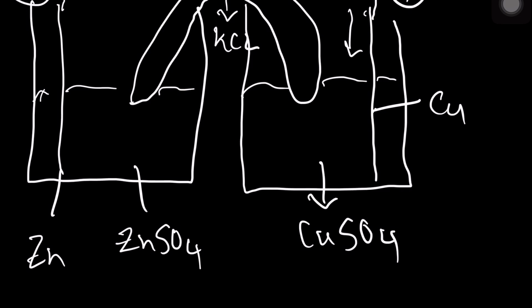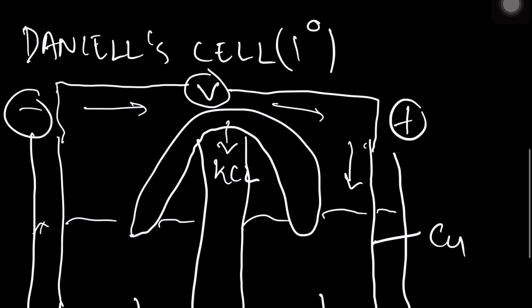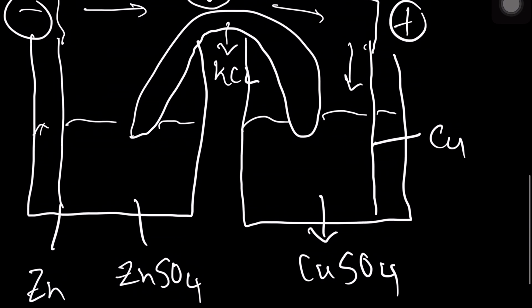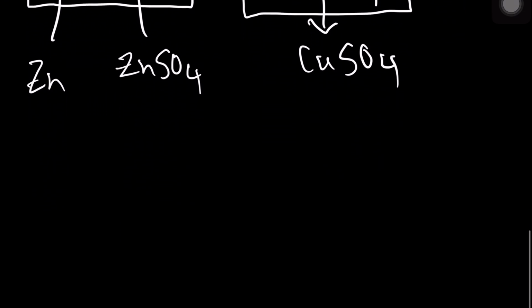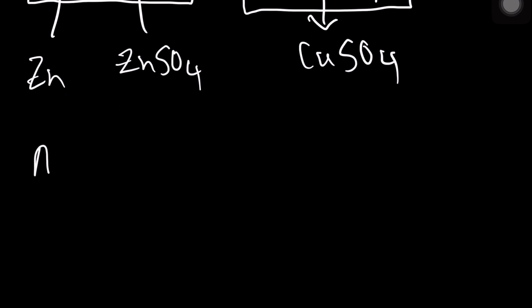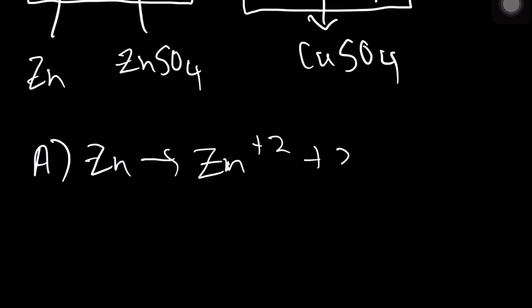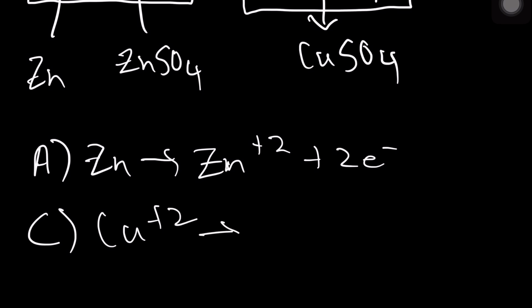So now that we have our cathode, anode, electrolyte, and salt bridge established, let's start with the reactions. At the anode, the zinc turns into a zinc ion plus 2 electrons. At the cathode, copper ion converts into copper with the help of 2 electrons.